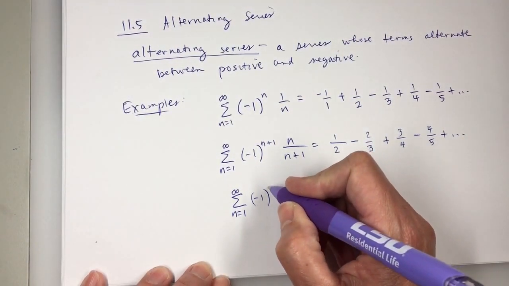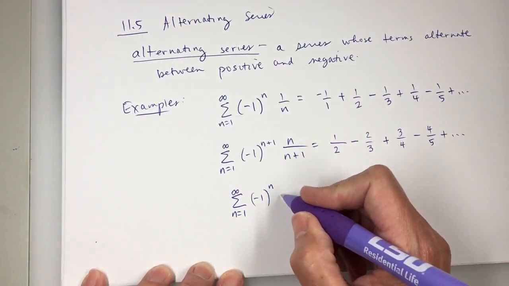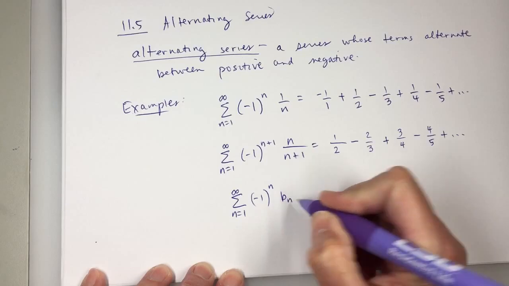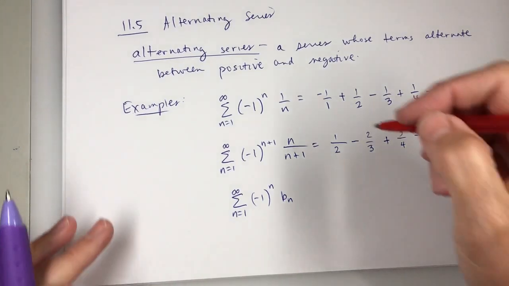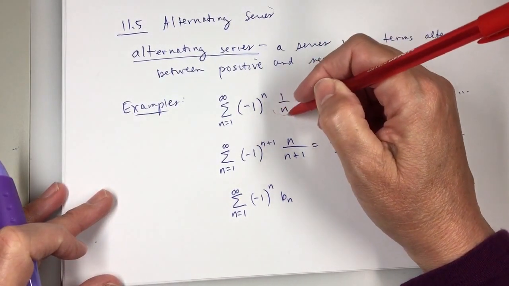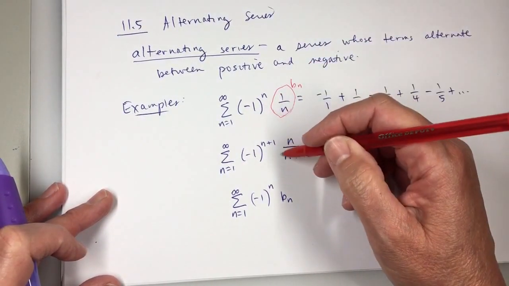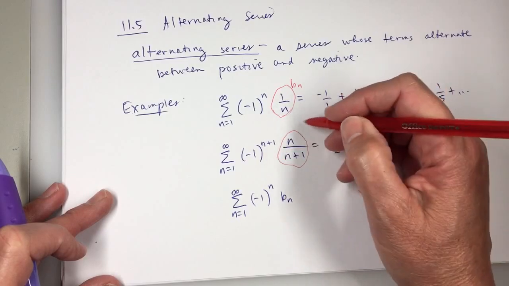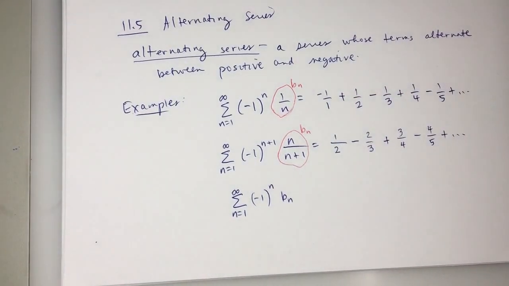You'll see them all kinds of ways, depending on if the first term's positive or negative. And then times b sub n. So in the two examples I gave, on the first one, 1 over n was the b sub n, and on the second one, n over n plus 1 was b sub n.